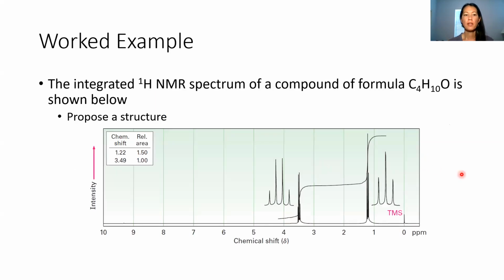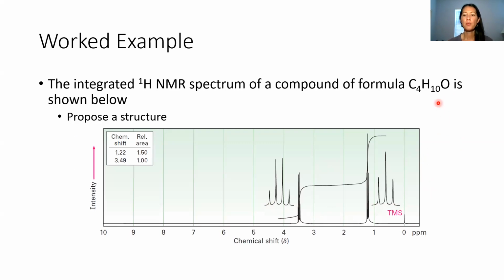Okay, let's take a look at this guy. First of all, we have this formula here, and you're asked to propose a structure. You can do this. This is a spectrum. Notice the splitting pattern. Look at the molecular formula.